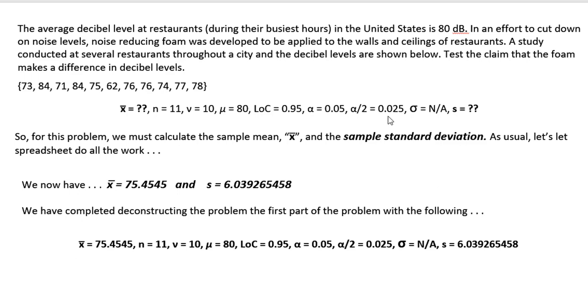Alpha over 2 is 0.025. Sigma, it's definitely not available to us. And s, well, that has to be calculated as well. We'll use our spreadsheet to calculate our sample mean, or x bar, and the sample standard deviation. Let's go to a spreadsheet and do that. We'll put these numbers in.